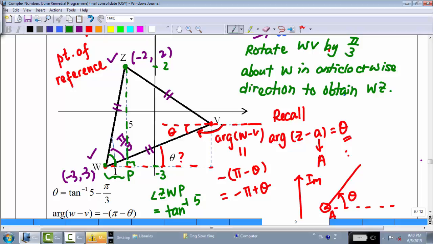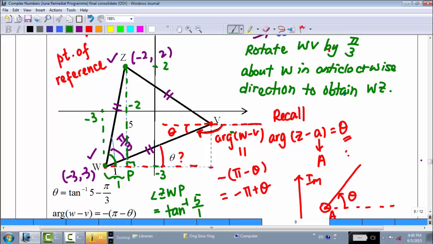Now, from here, the y coordinate is minus 2, and the x coordinate is actually minus 3. So this distance from here to here is 1, which is your WP. So actually your adjacent is 1. Opposite over adjacent, so you can actually work out this angle ZWP.